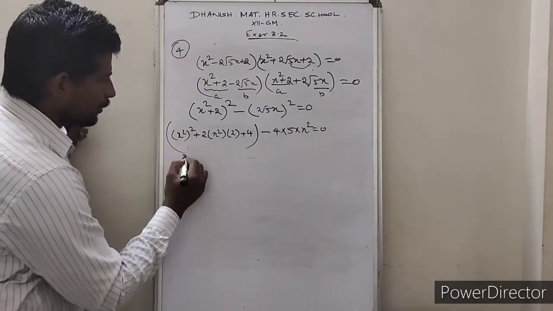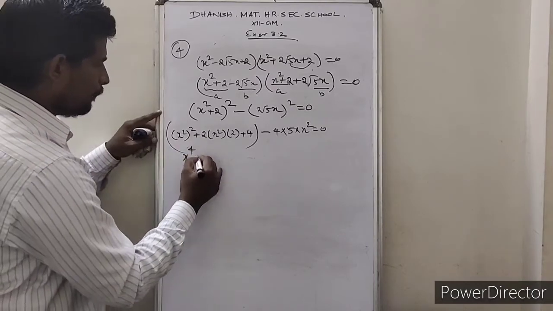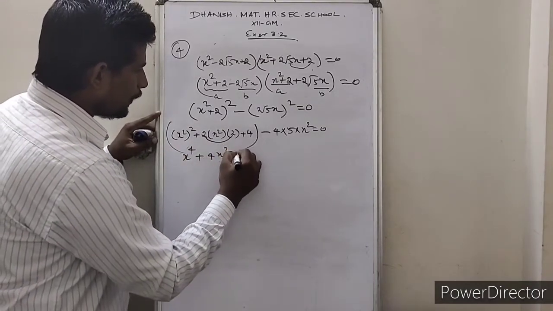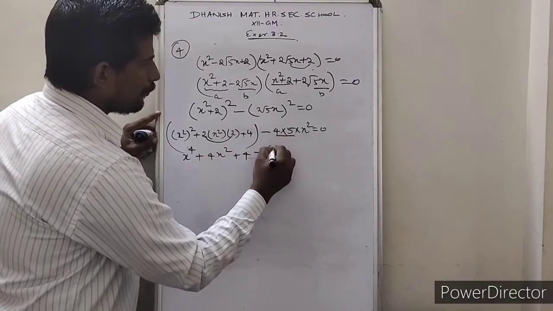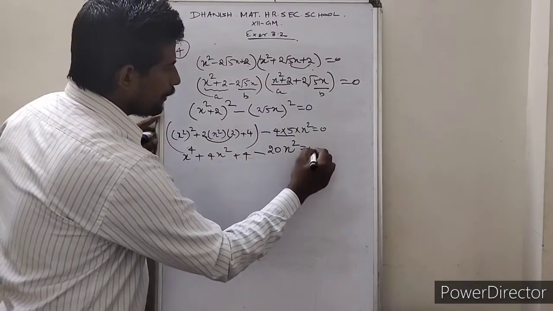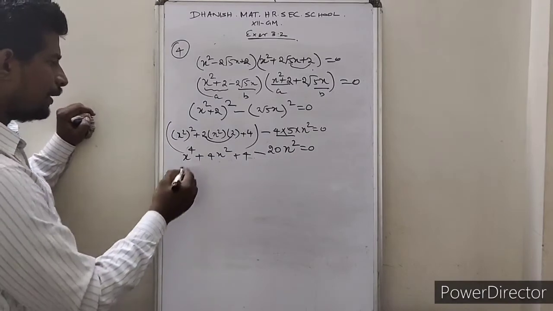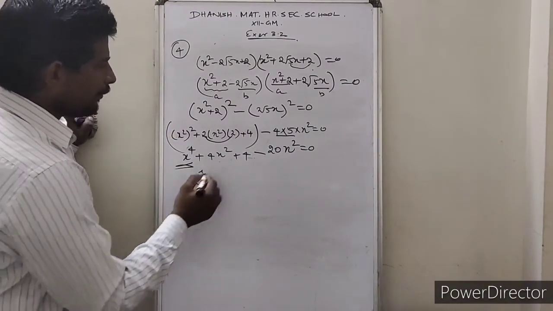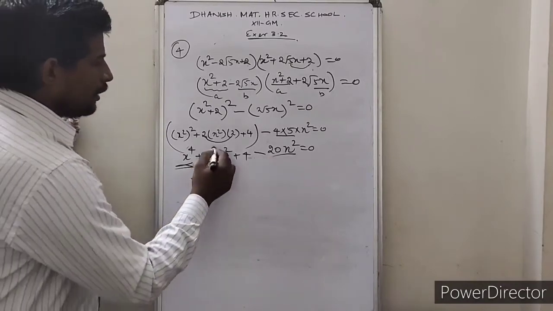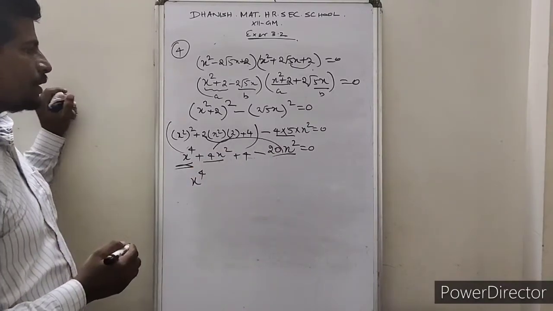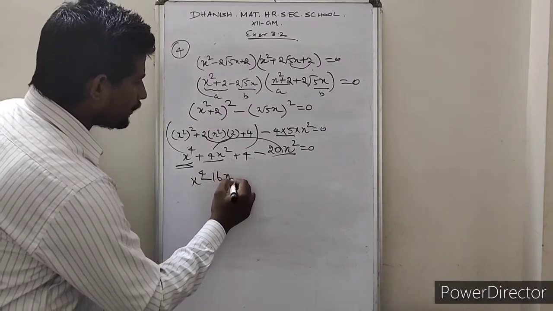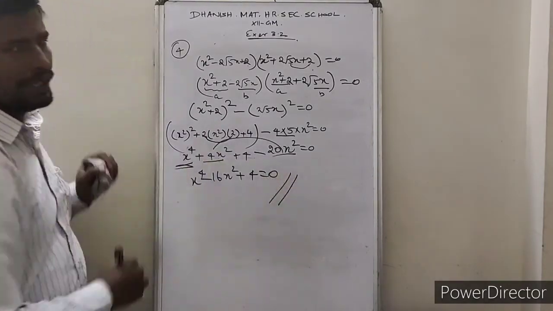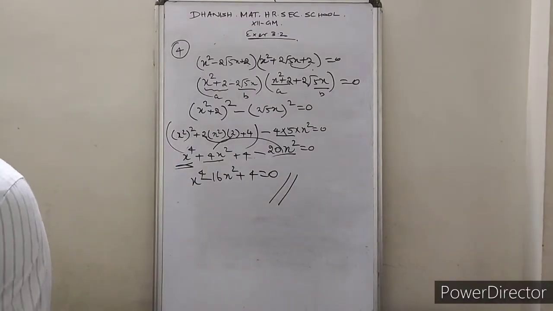Now x square whole square is x power 4 plus 2 2s are 4, 4x square plus 4 minus 4 5s are 20x square equal to 0. Now here we are having only one x power 4 term. Here we are having 4 minus 20, minus 16x square plus 4 equal to 0 is the required equation.